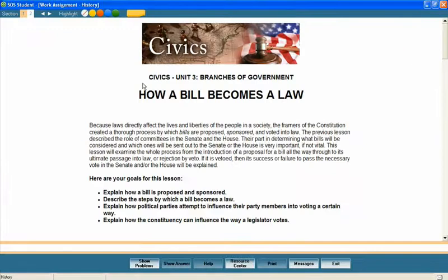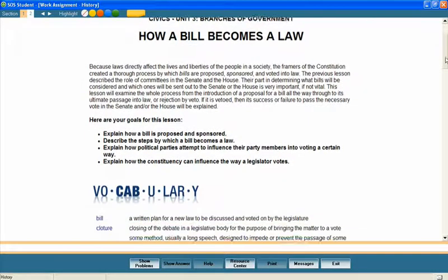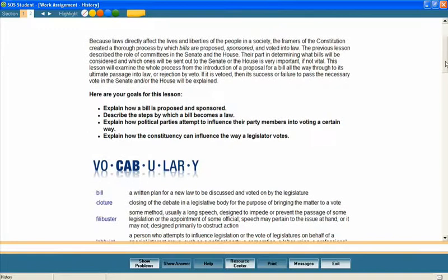In a unit entitled Branches of Government, let's look at a lesson called How a Bill Becomes a Law. Most lessons begin with a brief introduction and a list of goals or objectives for the lesson. These objectives help students stay focused on important lesson content and provide parents with an effective way to measure mastery of lesson content.